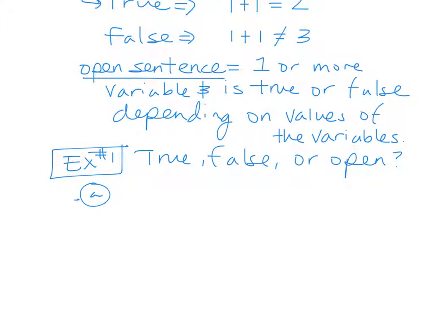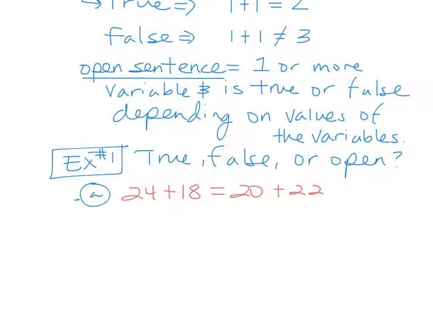So let's say our first one is this: 24 plus 18 equals 20 plus 22. Okay? Is that a true equation, a false equation, or an open equation? You can use your calculator if you want. 24 plus 18 equals 20 plus 22.